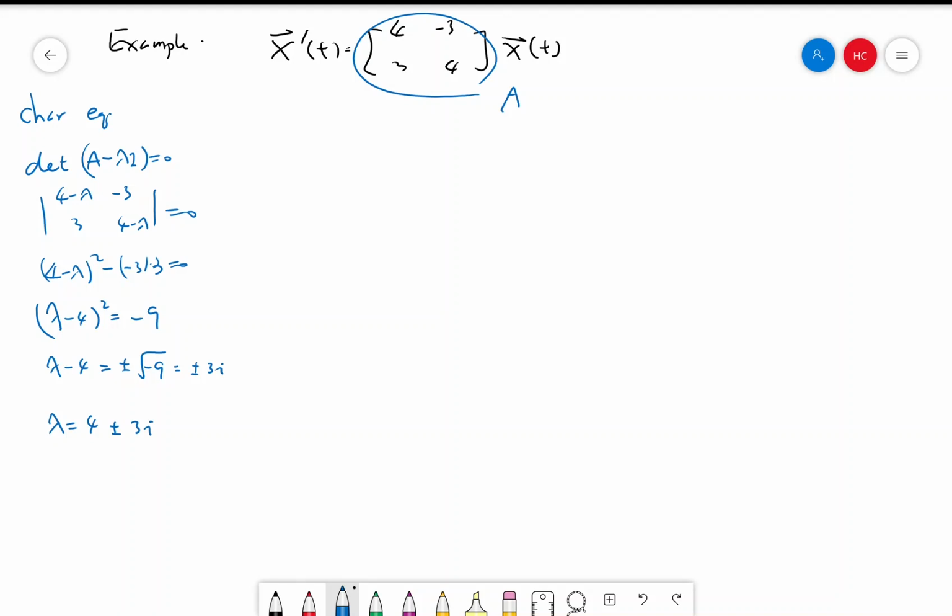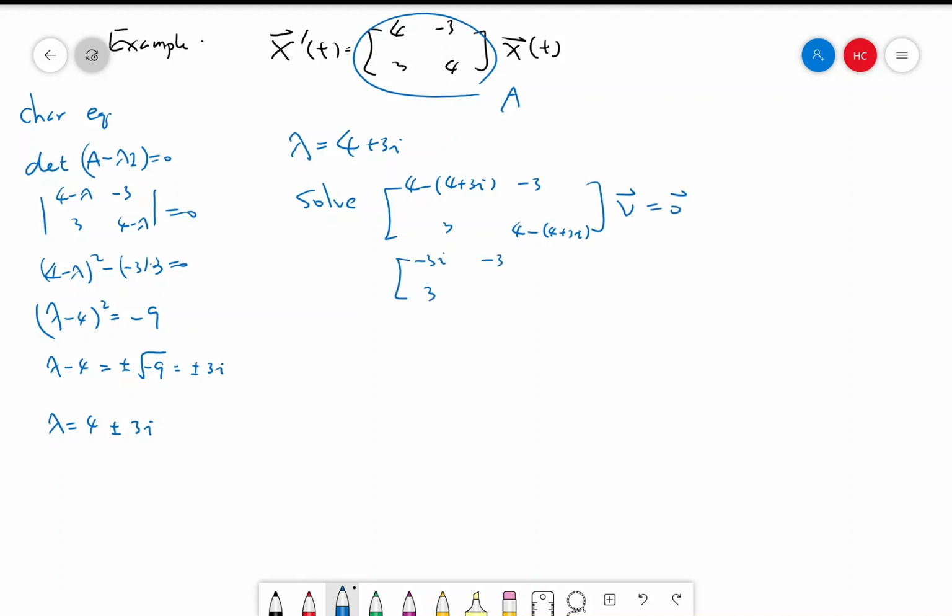Because they come in pairs, all we need to solve is the eigenvector corresponding to one of them. So let's consider lambda is 4 plus 3i. Then we want to solve the matrix 4 minus (4 plus 3i), negative 3, 3, 4 minus (4 plus 3i) times v equal to 0. So this is negative 3i, negative 3, 3, negative 3i, times v equal to 0.